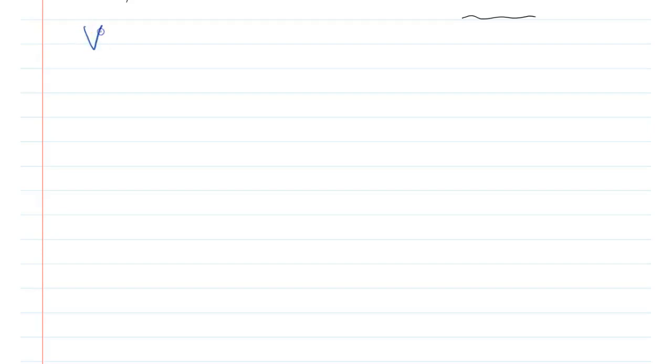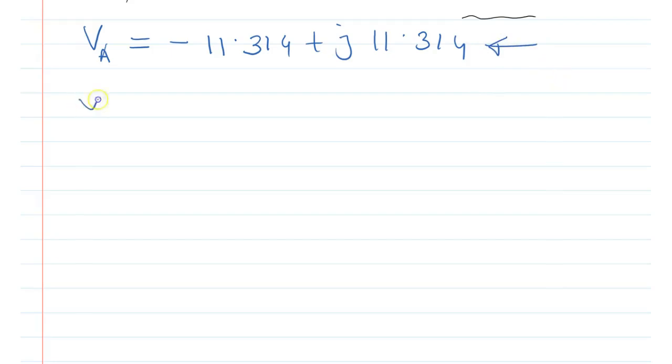So when I put all the relevant values of link 2, I got the expression as negative 11.314 plus j 11.314, which is a complex number. So we need to find the magnitude of this linear velocity, which we can do by taking the square root of these two terms.